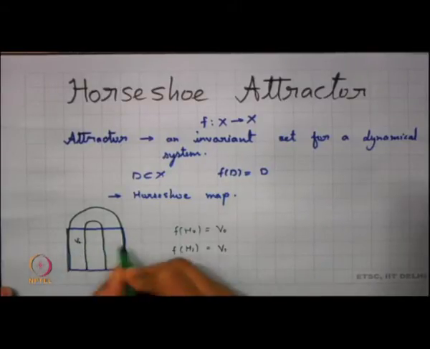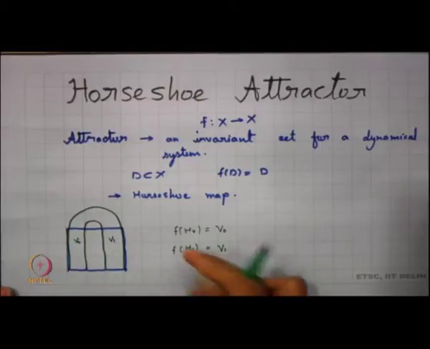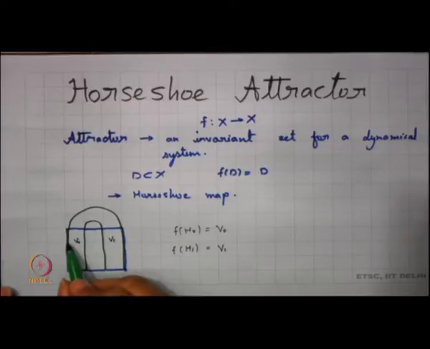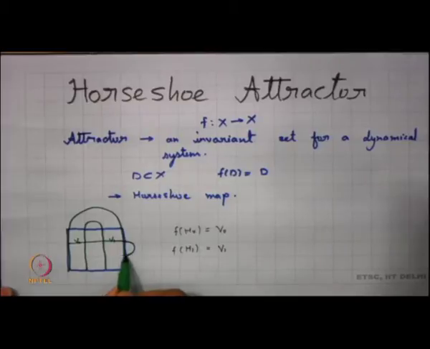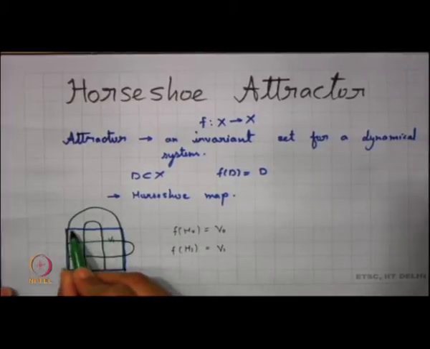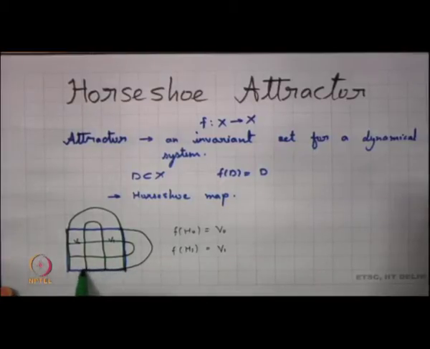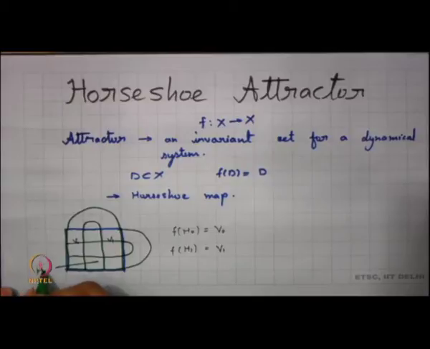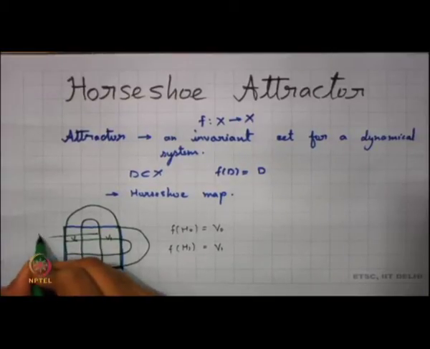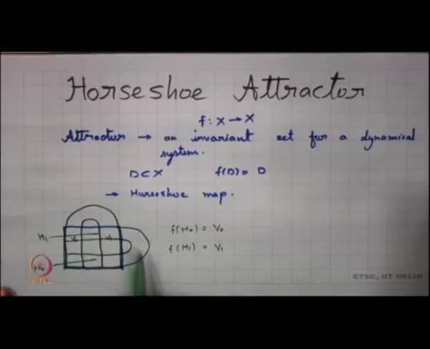So, this is our V0, this is our V1, and similarly you can have the inverse transformation also, where V0 is mapped onto H0 and V1 is mapped onto H1. So, basically this is our H0 and this is our H1. So, V1 is mapped to H1 and V0 is mapped to H0 under f inverse.